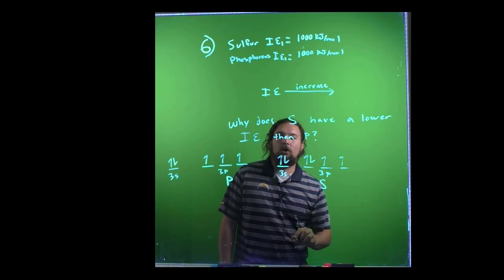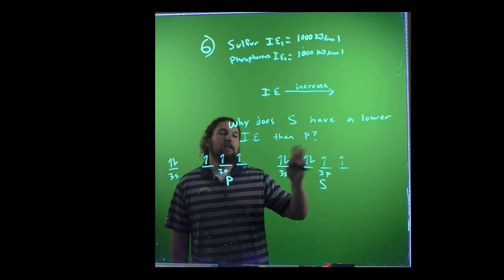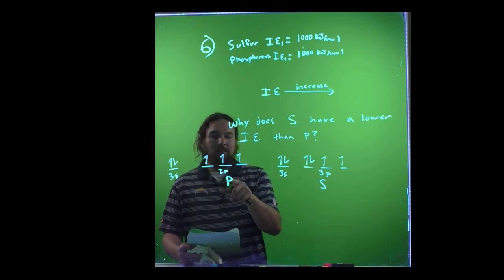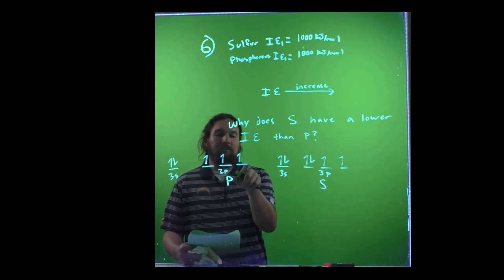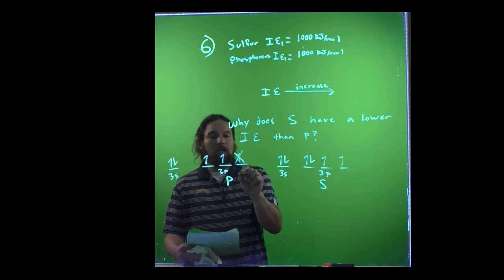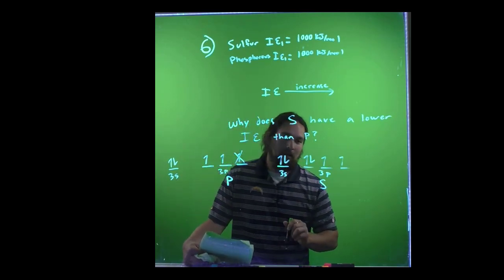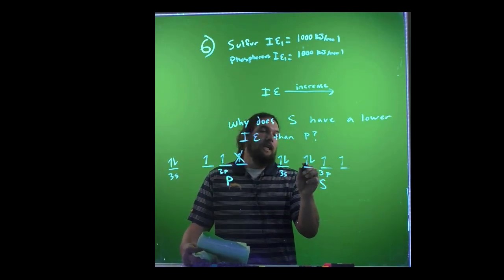So usually it's harder to take off an electron from elements further to the right. The reason is phosphorus has a half-filled 3p orbital. So removing one electron goes from a half-filled orbital to a partially filled one, which is not stable. With sulfur, it has 4 electrons in the 3p orbital.